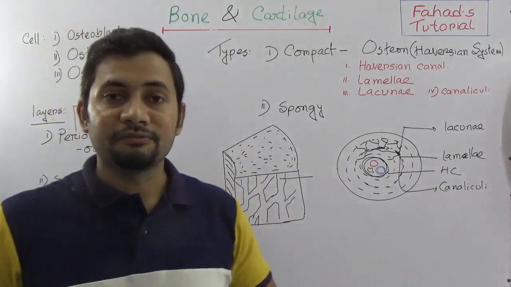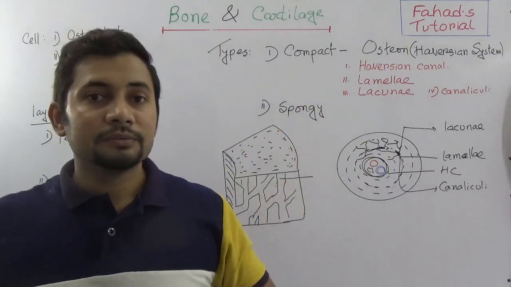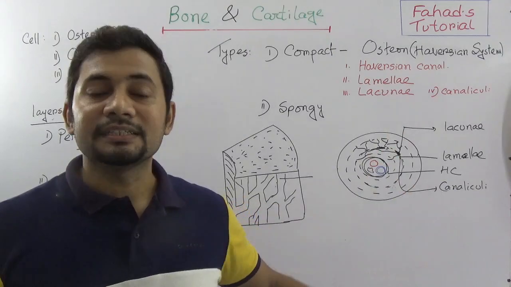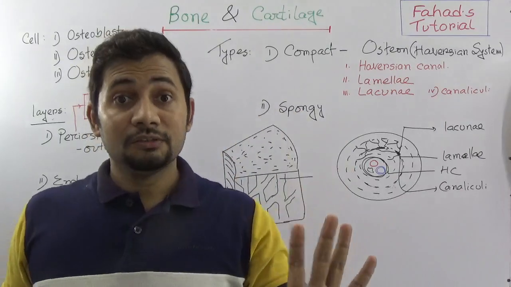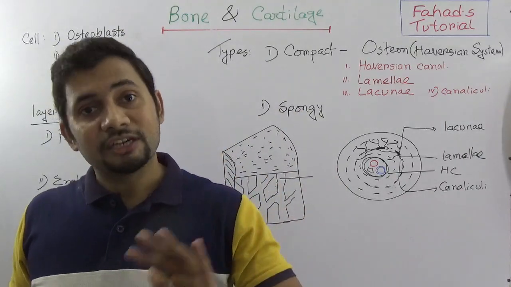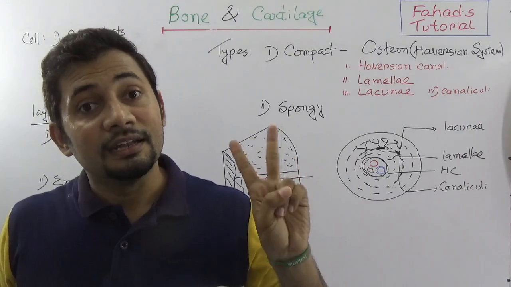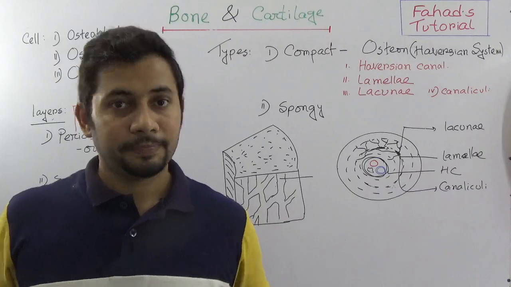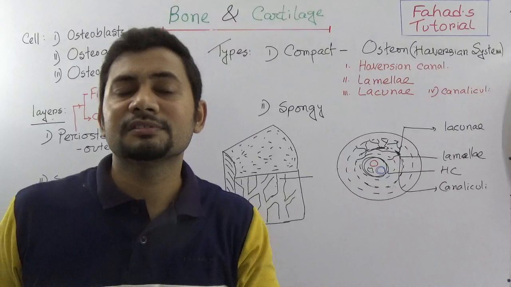So in defining bones, we defined it earlier: we know the layers of bones, we know the cells of bones, and in compact bone we studied that it has an osteon or Haversian system, and each Haversian system has four parts: Haversian canal, lamellae, lacunae and canaliculi. Very simply, I'm just giving you the information, which is also available in your book.